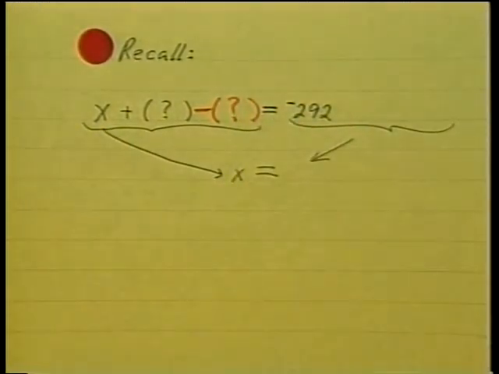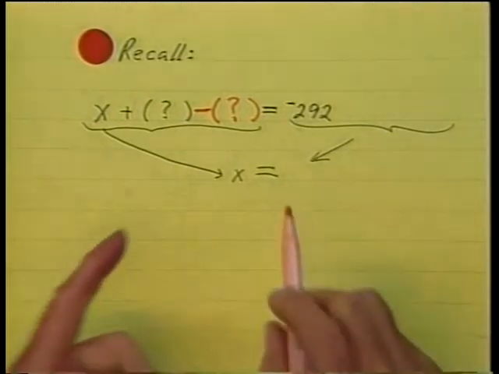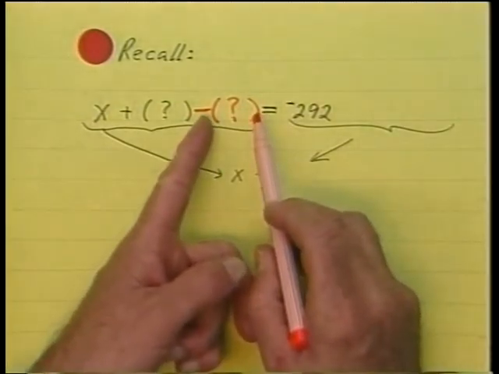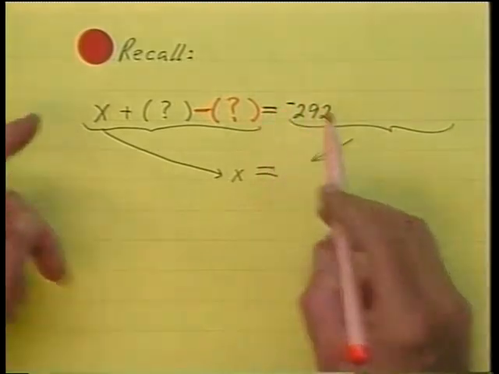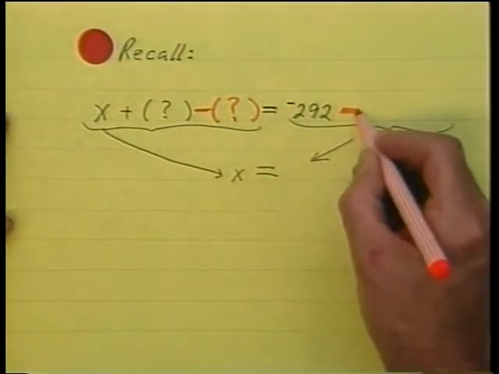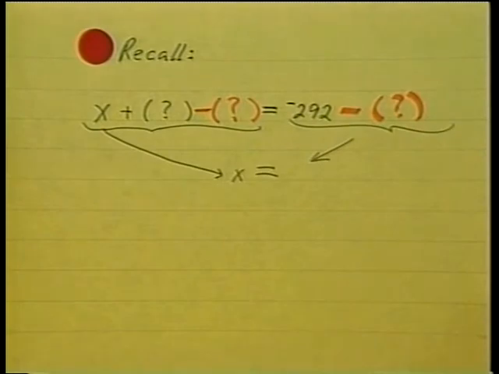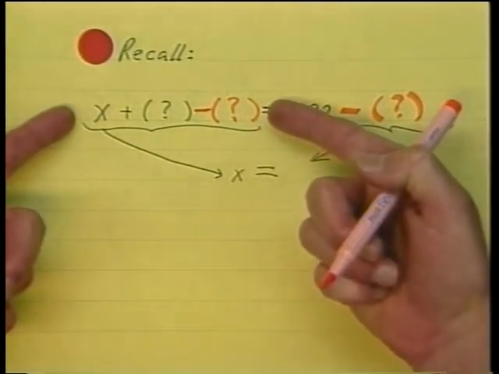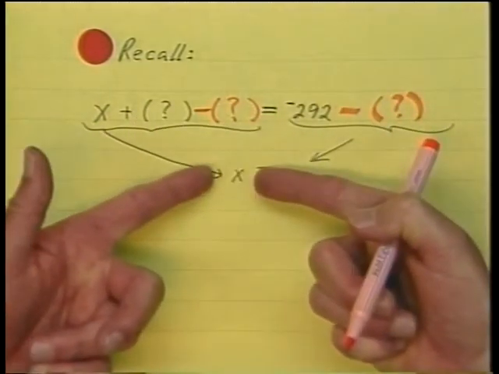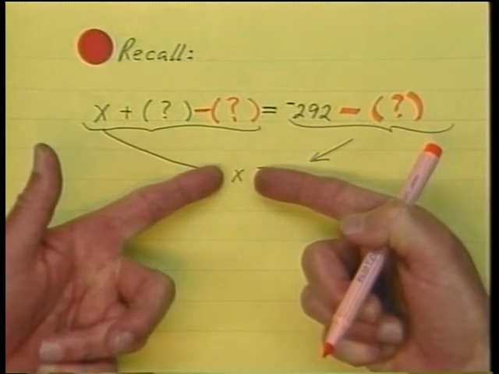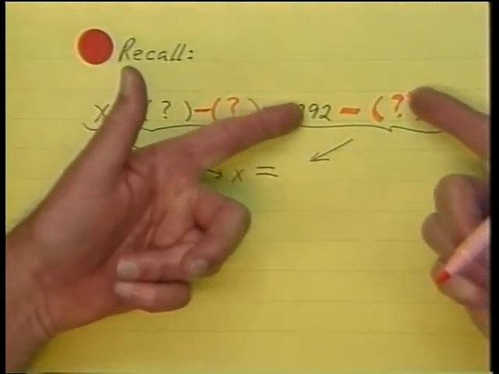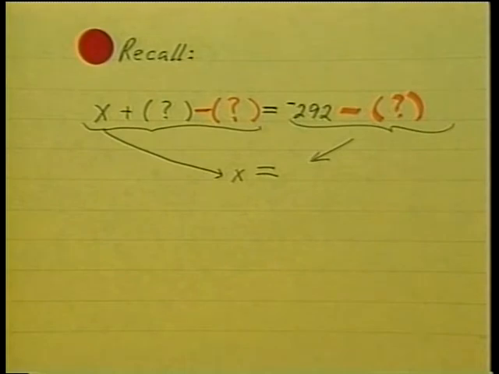But to make it legal in our game of solving equations, we have to remember that whatever I subtract from one side of the equation, I have to subtract the same amount from the other side of the equation. Hence, we've reduced this side to a single variable, which is the objective of the game. And on this side, we simply do whatever arithmetic is involved, and we're done.